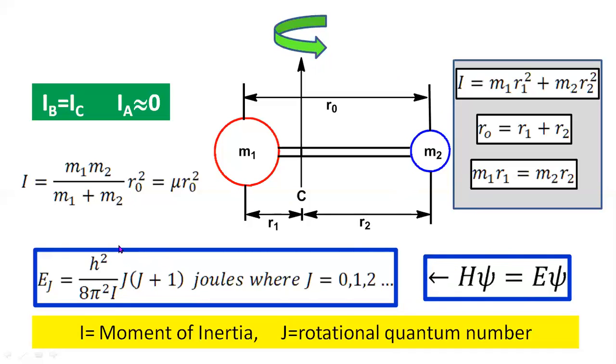This is the energy of the rigid rotor, which I got from quantum mechanics by solving the Schrodinger equation for it. And you can see that the energy levels are quantized. That means the energy levels depend on the value of J, and J can take the values 0, 1, 2, and so on. This is known as the rotational quantum number. Again, I'm telling you, this is known as the rotational quantum number.